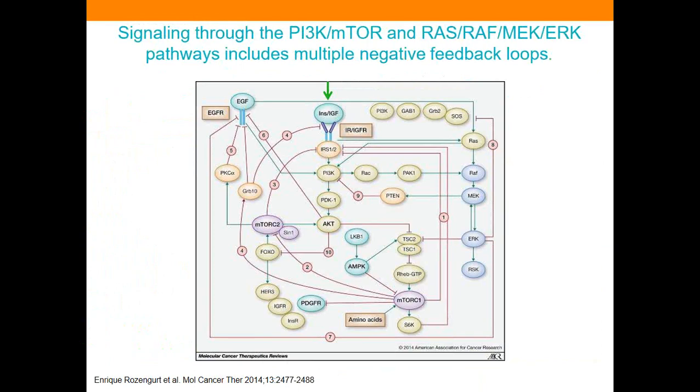And then we go from there to number 9, where we have the effect of PTEN on PI3 kinase. And finally to 10, where AKT has an inhibitory effect on FOXO. And why is that important?